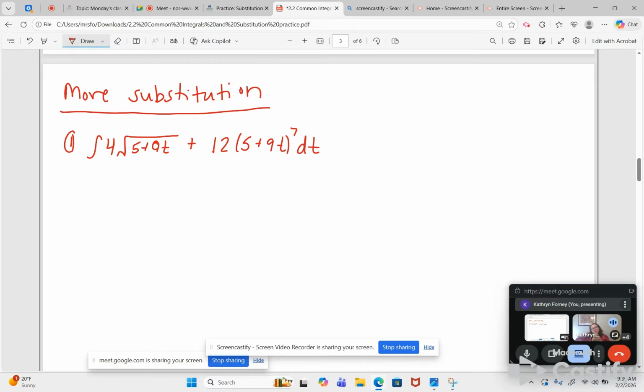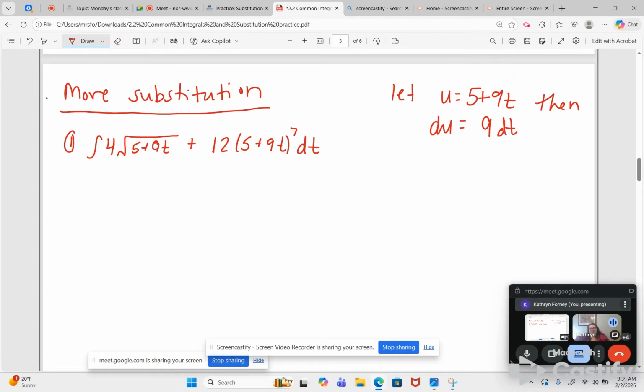So that means you can take the antiderivative of each addend separately. Because this is not a case where it's just products. So if I look at this, my u, I would say, is 5 plus 9t. And so the derivative is just 9.